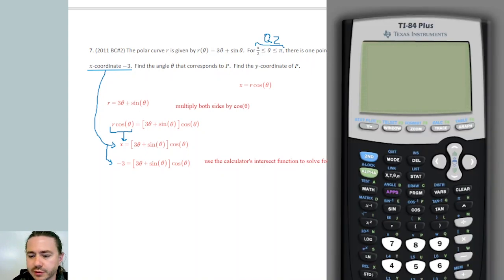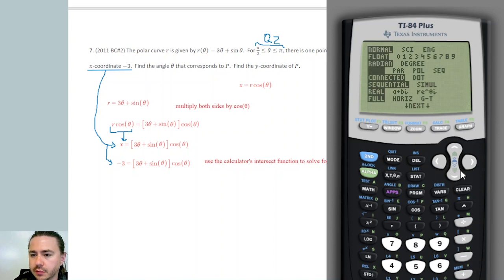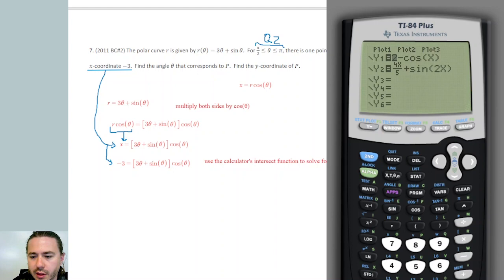Let's do this. We're going to go back to function mode, and I'm going to type in -3 for one side. The other side is 3 theta plus sine theta, times cosine theta.